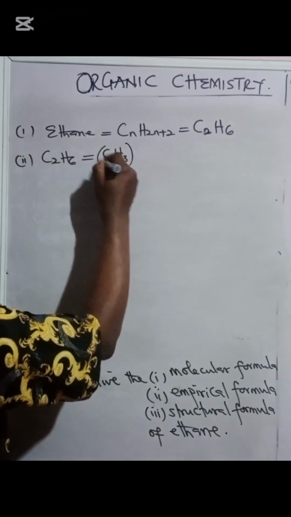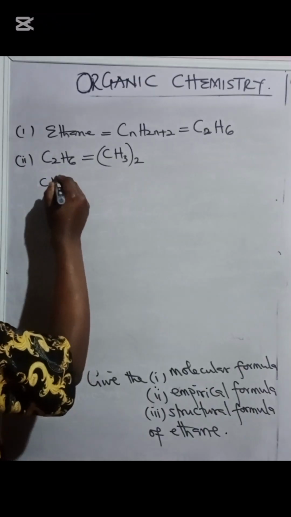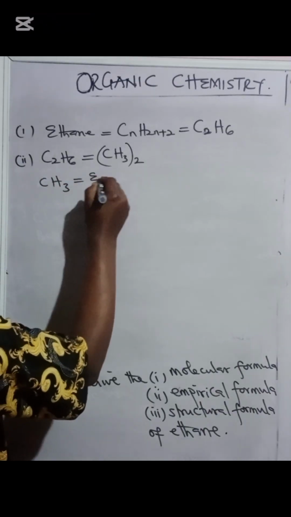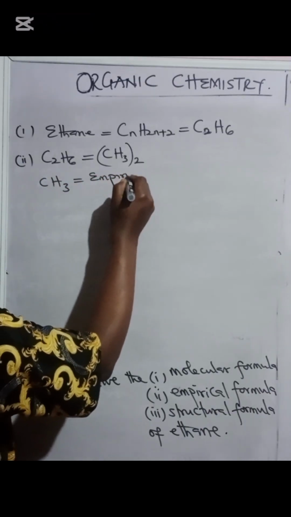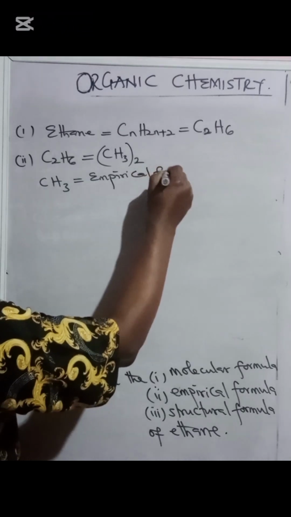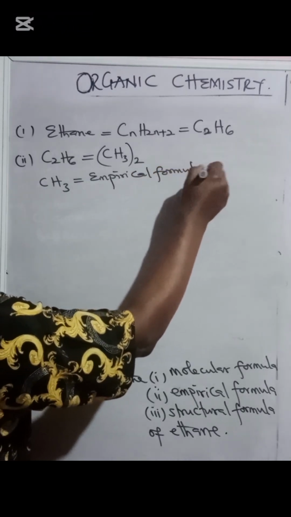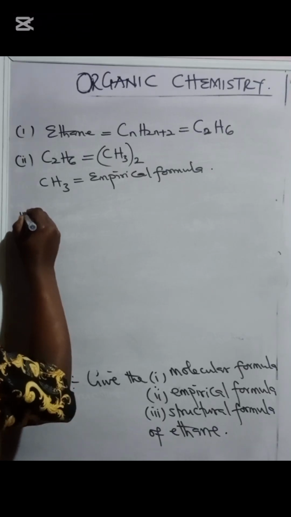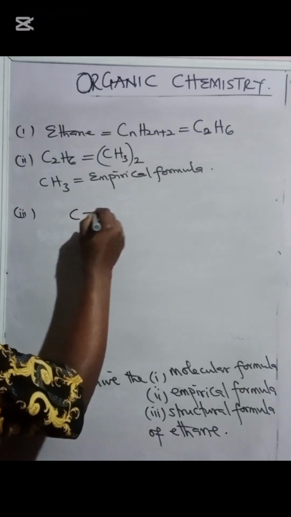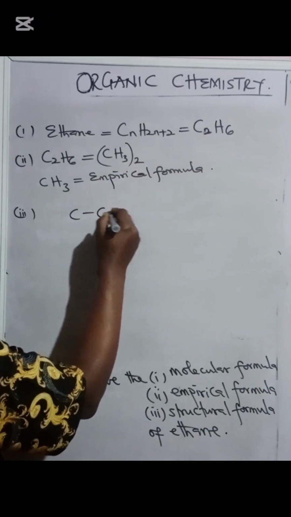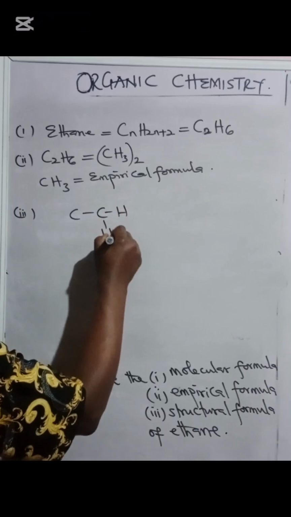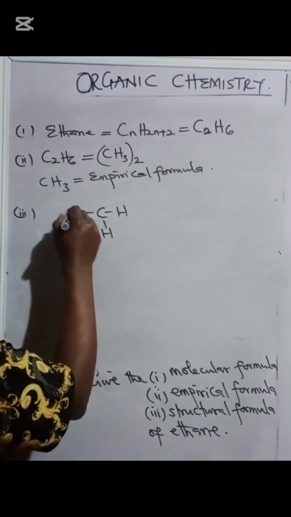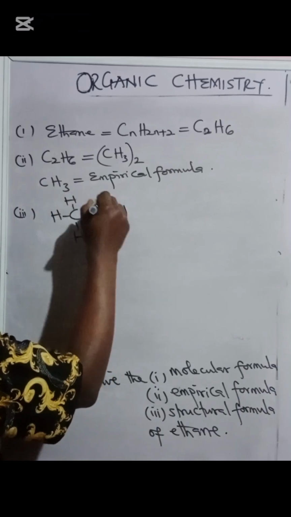This one remains 1, this one will be 3, so CH3 represents the empirical formula. And finally, we have to find the structural formula, with hydrogens drawn around the two carbons.